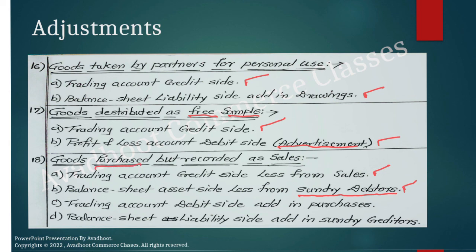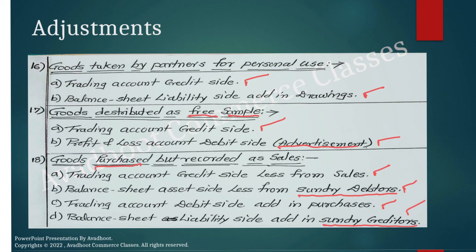Purchase means we add in the purchases, trading account debit side, and the second entry increases your sundry creditors. Therefore, balance sheet liability side, your payable increases, that is to be added in the sundry creditors.